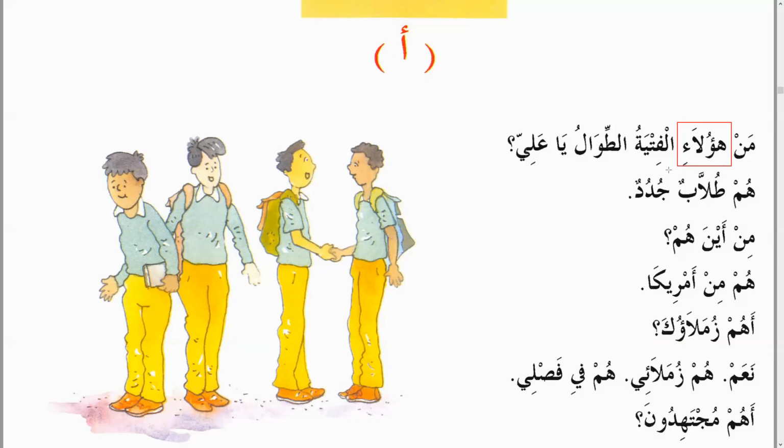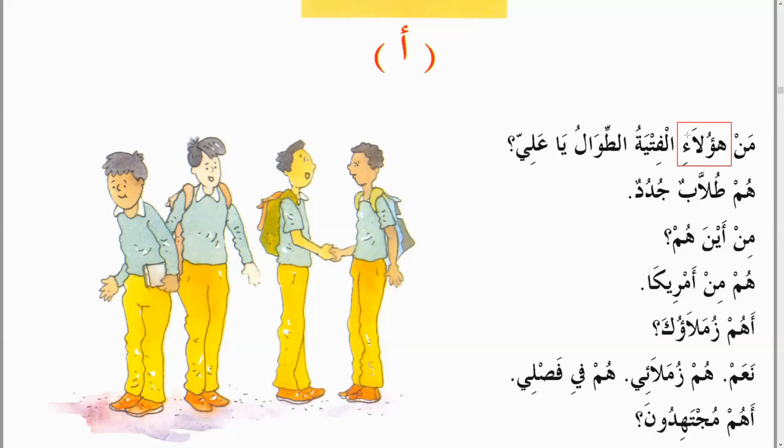Because we have the singular, hada for masculine singular, and for feminine singular we have hazihi. Haulai is the plural, these. Similarly, we have zalika and tilka, and the plural is ulaika.